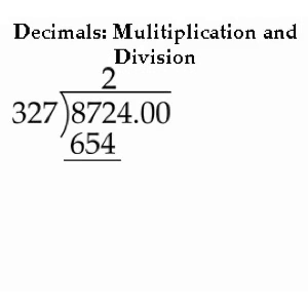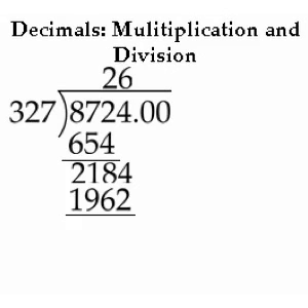There's 2 of them. So 2 times 327 gets 654, and we subtract. And we get 218, bring down the 4, so we get 2,184. So we need to know how many 327s go into 2,184. In this case, it's 6, and 6 times 327 gets 1962.